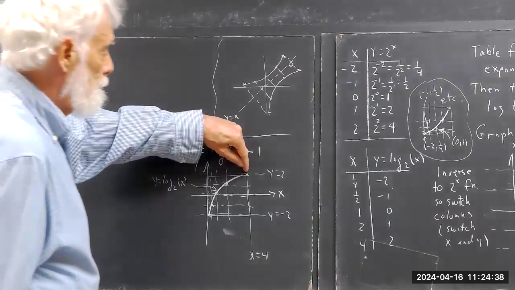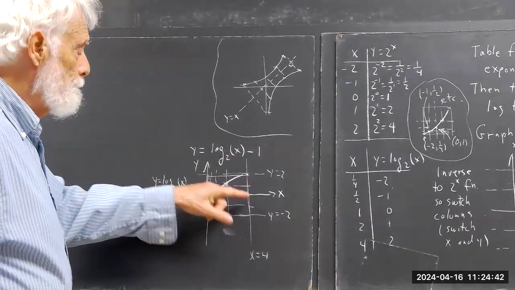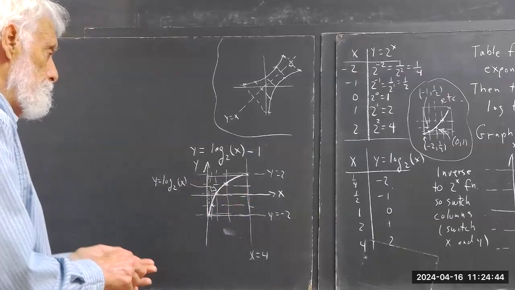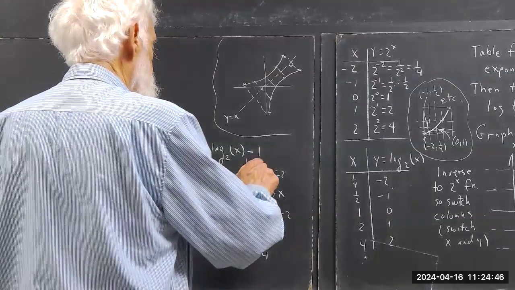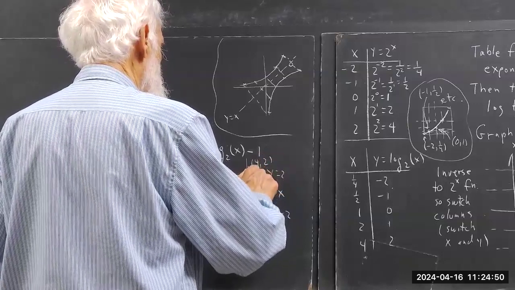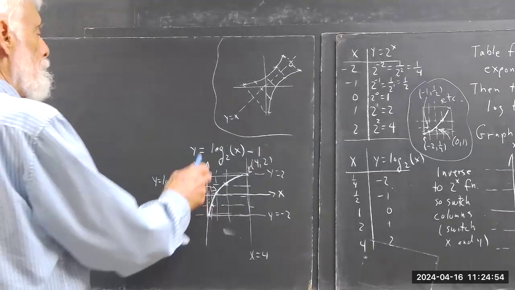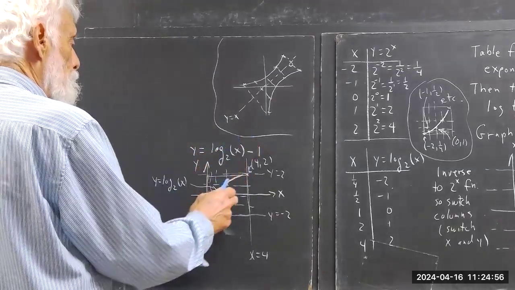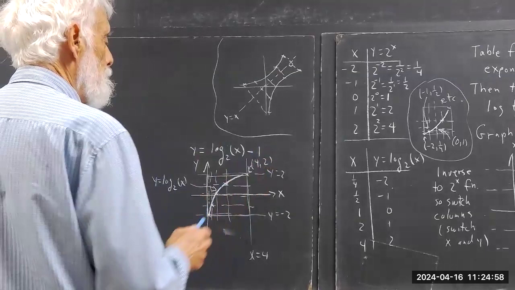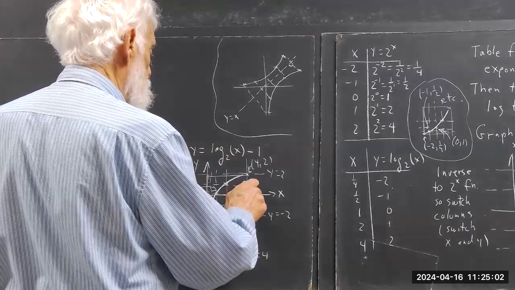Okay. So this point is the point 4, 2. If I do log base 2 of x minus 1, then the y value is going to be 1 less. The y value here is 2, so the y value is going to become 1.